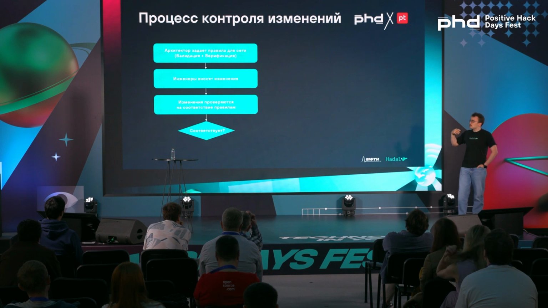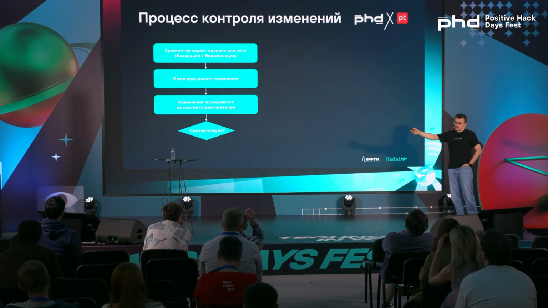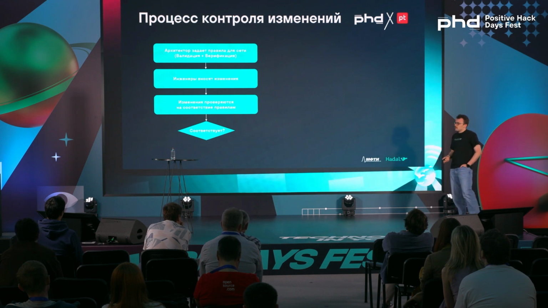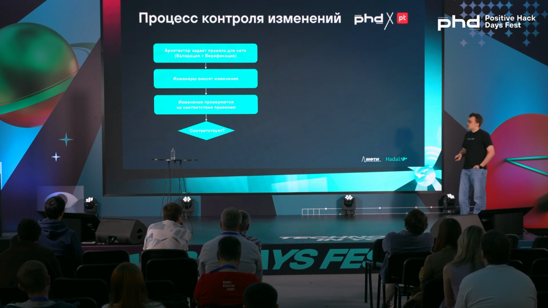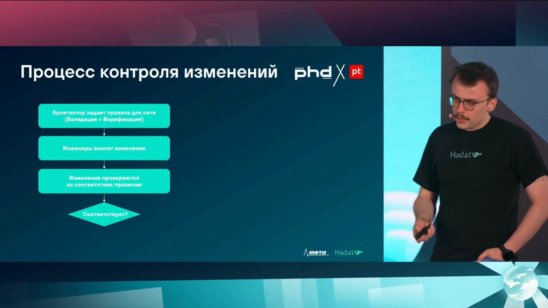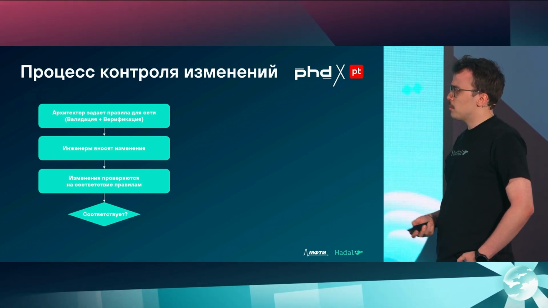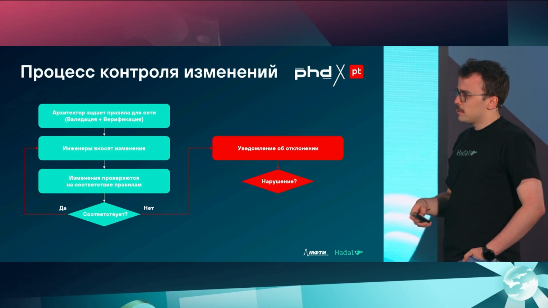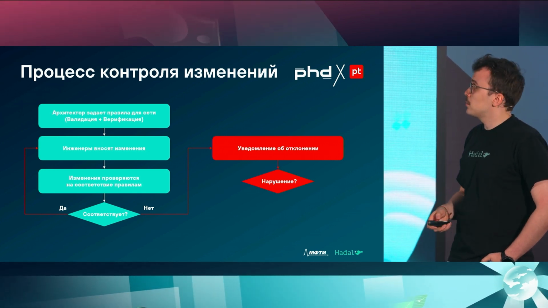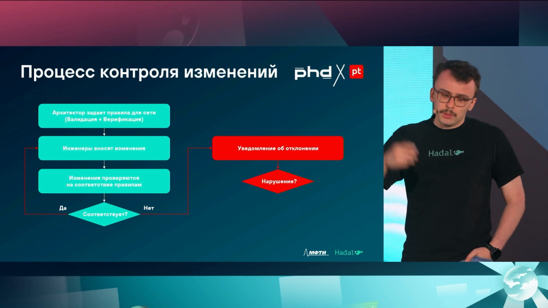I'm describing here the process which we use. An architect sets the rules for the network from the point of view of validation and verification, the way it used to be. Engineers do their work and introduce changes. Each change is checked against the rules. If it adheres to the rules, the engineer continues his work.